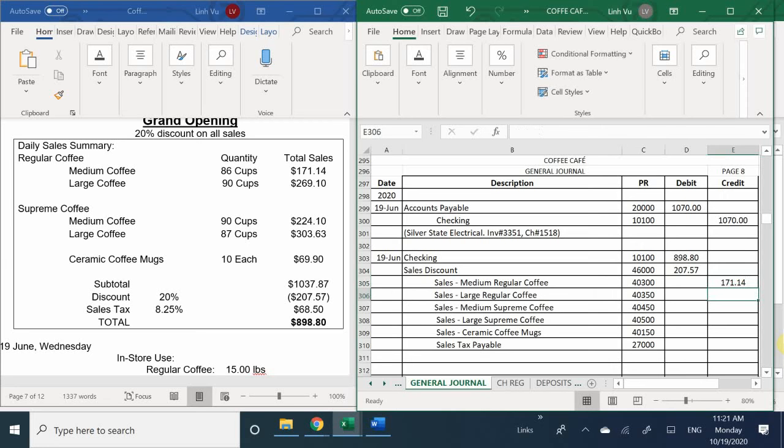And then for my large regular coffee? 269.10. What about my medium supreme coffee? 303.63, and my coffee mugs 69.90.